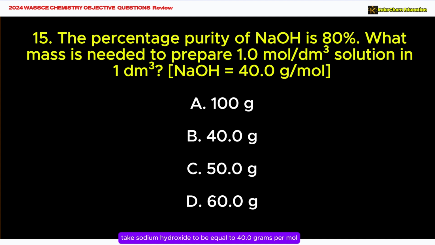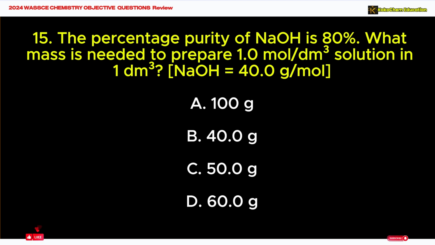Take sodium hydroxide to be equal to 40.0 grams per mole. A. 100 grams. B. 40.0 grams. C. 50.0 grams. D. 60.0 grams. The correct answer is C.